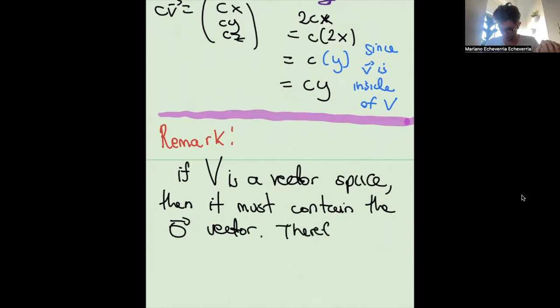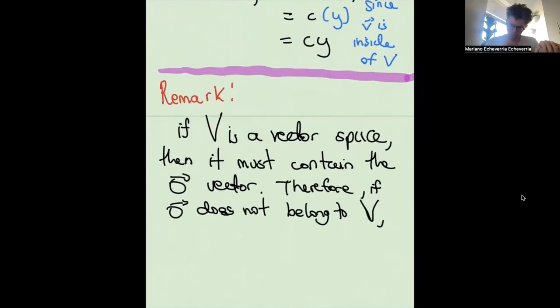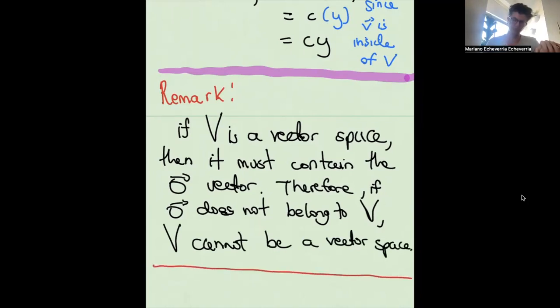Therefore, if zero does not belong to V, V cannot be a vector space. So this is very useful in practice to determine that something is not a vector space.